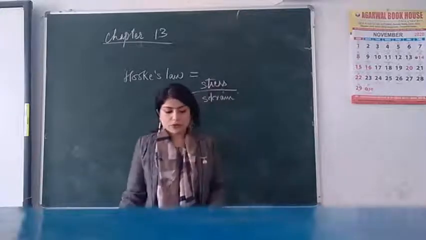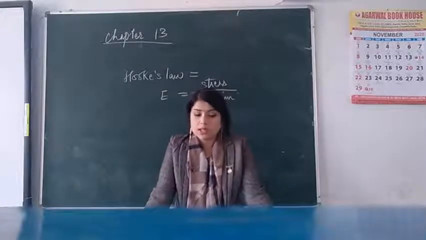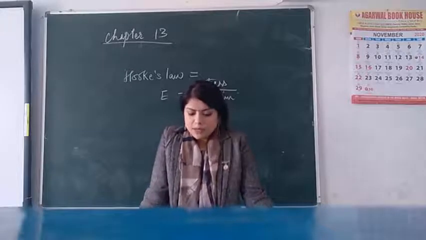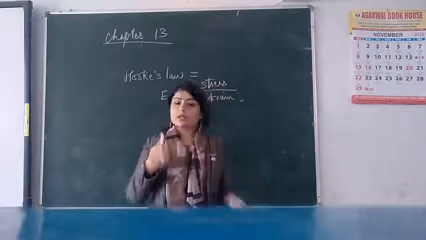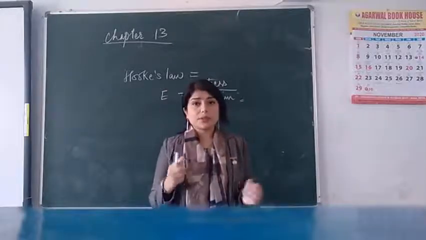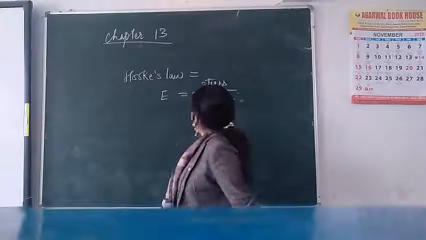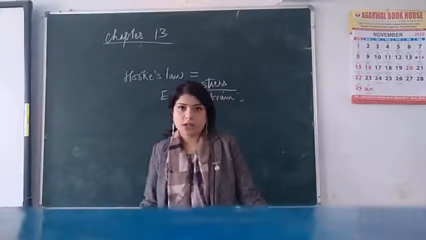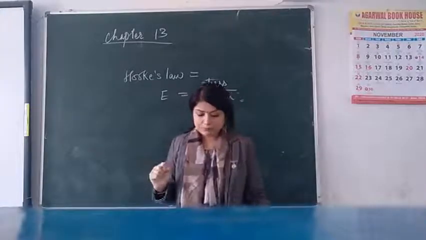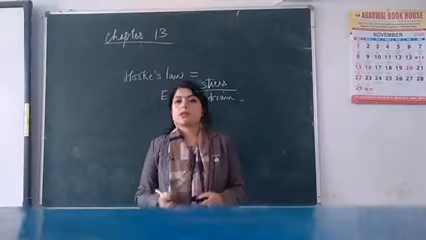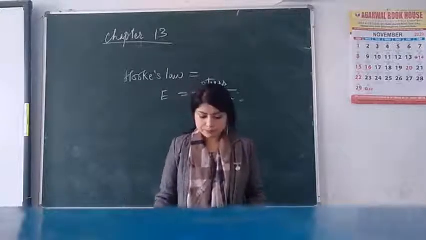It was experimentally shown by Hooke in the year 1679 that if strain is small, if the internal restoring force per unit area is small, then the stress is proportional to the strain. So the change in the object is proportional to the internal force.